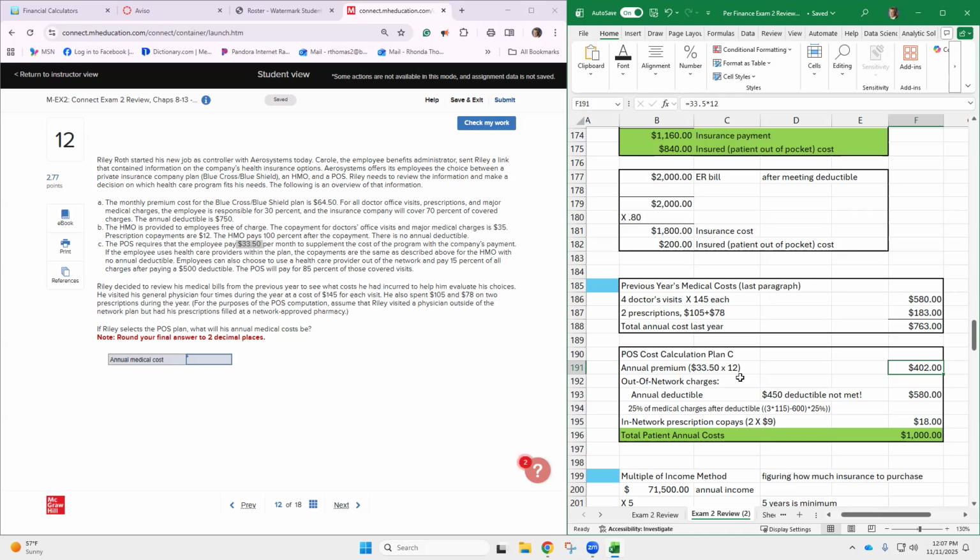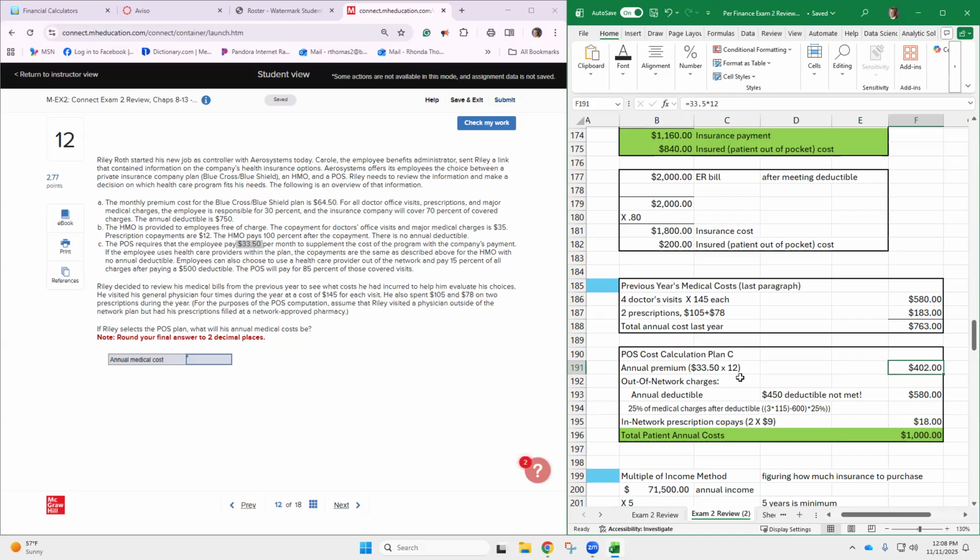So what we have to do is now run his medical bills from last year right here. It says employees can also choose to use a healthcare provider out of the network and pay a 15% charge after a $500 deductible. All right, so let's go back. So I'm going to put in here how this works, okay?